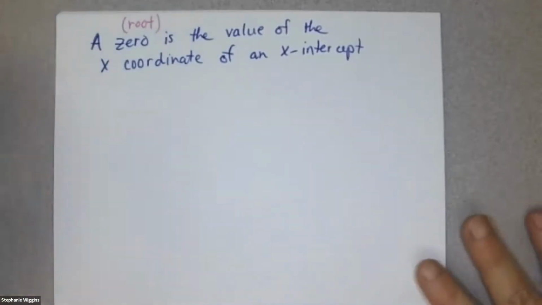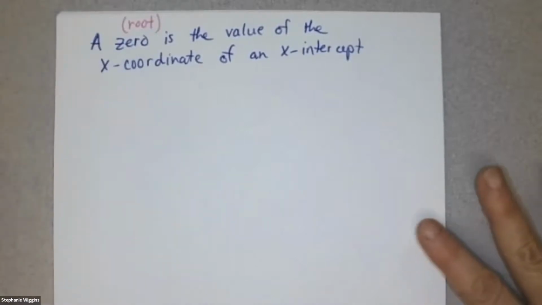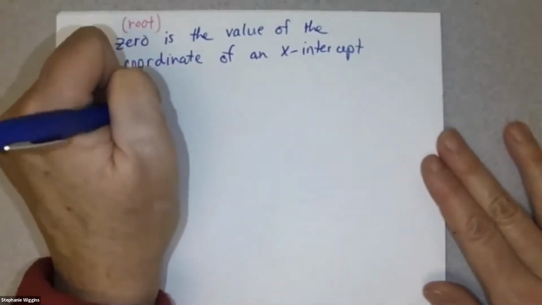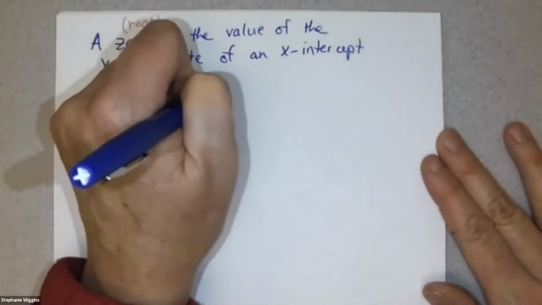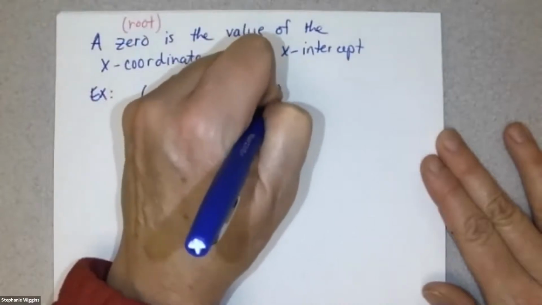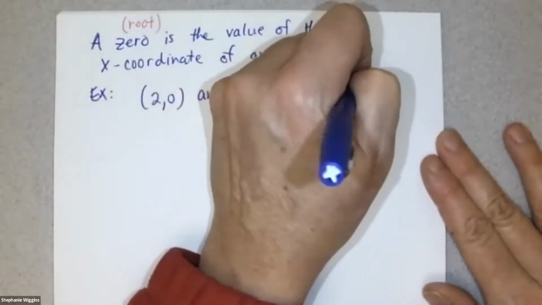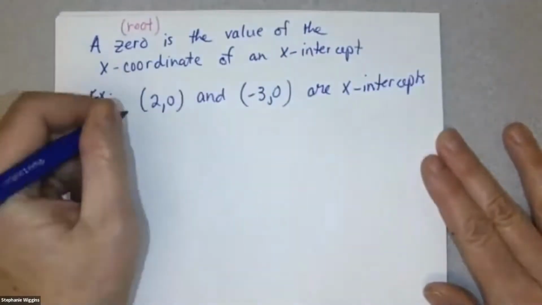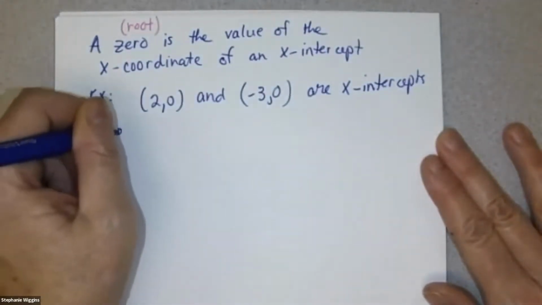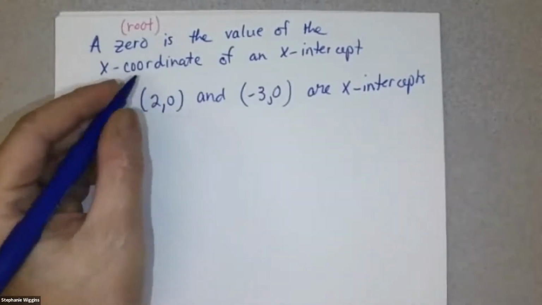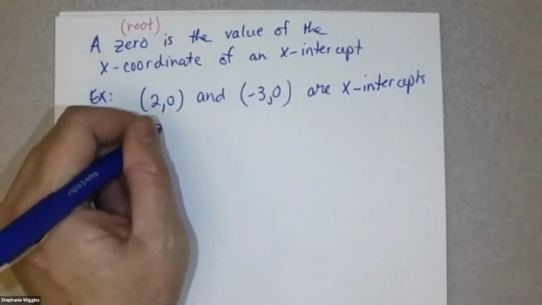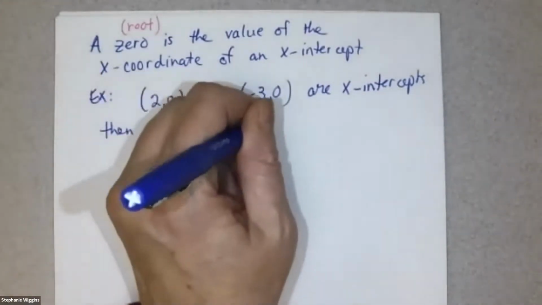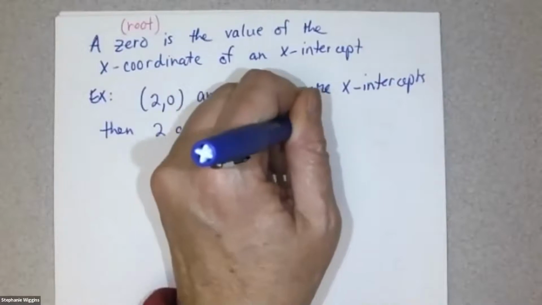It's the x coordinate of an x-intercept. So for example, (2, 0) and (-3, 0) are x-intercepts. Then 2 and -3 are zeros of the function.